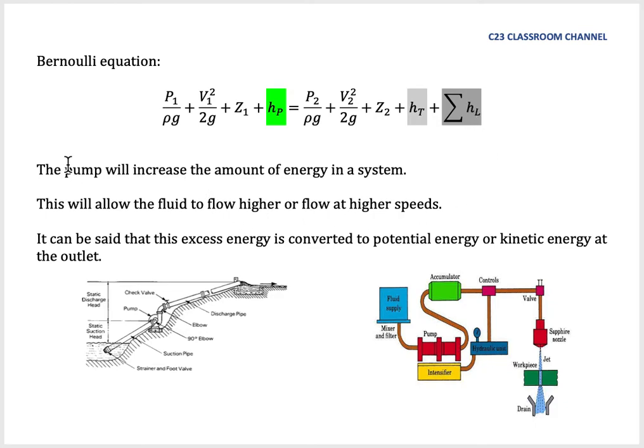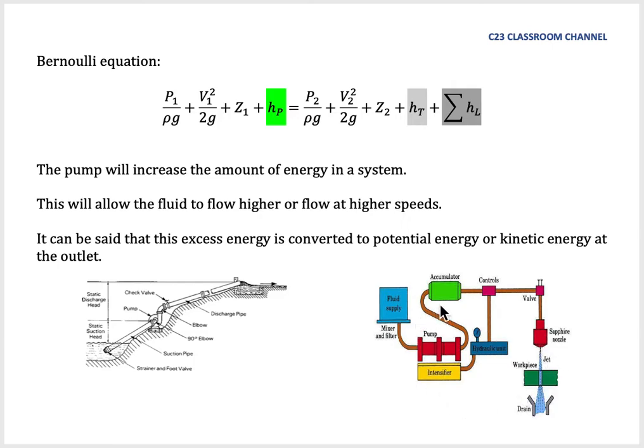So the usage of pumps can be divided into two major usages. One is to increase the amount of energy in the system. When the fluid has higher energy, it can move from a lower level to an upper level. Or we give more energy to the fluid, and then the fluid could flow at higher speed.